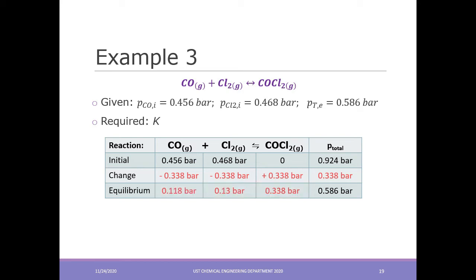The equilibrium partial pressures are obtained by adding the initial and change rows. You can check that the sum of the partial pressures at equilibrium matches the given total pressure. To calculate the equilibrium constant, we substitute the resulting equilibrium partial pressures to the correctly written K expression of the given reaction. This gives us K equal to 22.03 bar raised to negative 1.